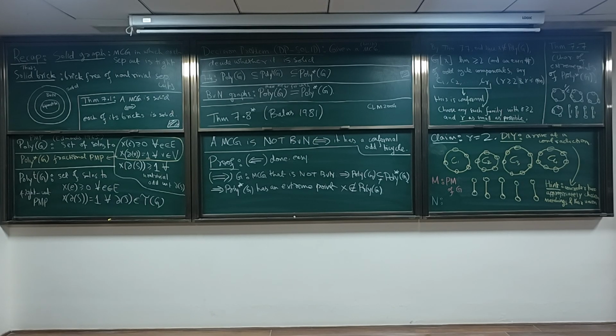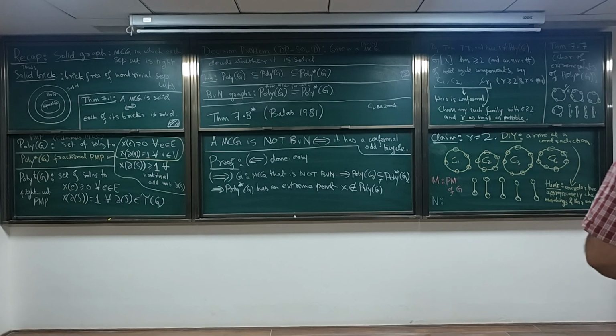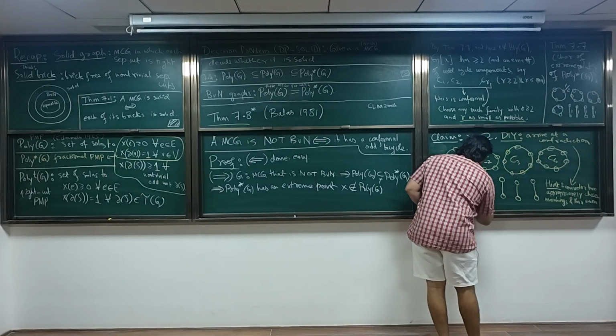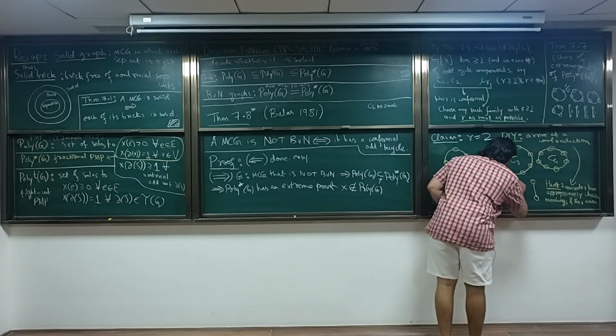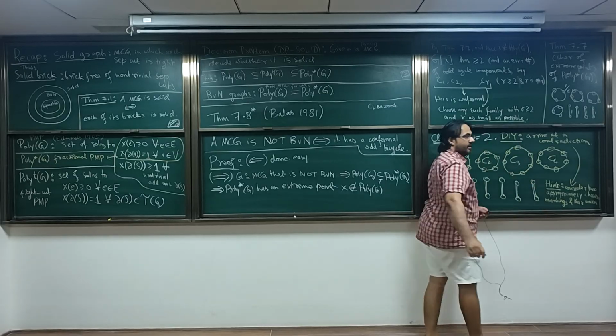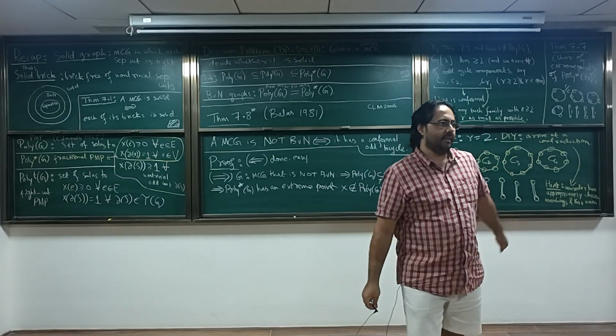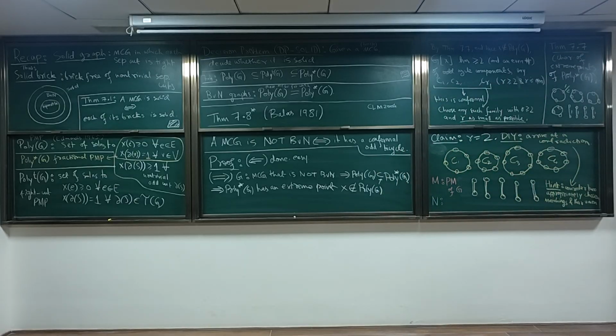Any ideas about N? Right, so Shalhoub's point is N should contain these edges. Okay, so that is actually correct. I mean, that is a correct idea. N should contain all these edges. But if you just take this as N, is that good enough, or should you do something more? And maybe there are multiple N's that work.